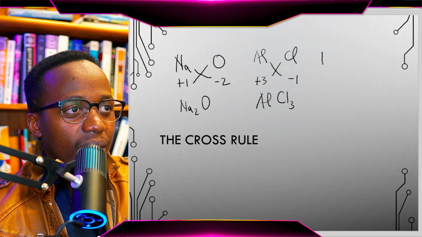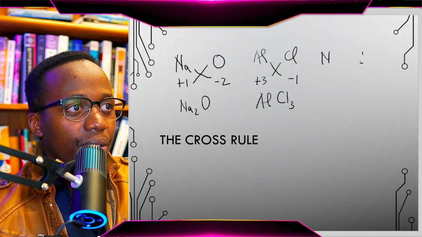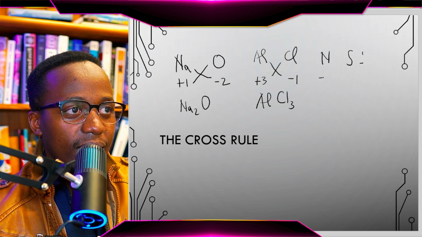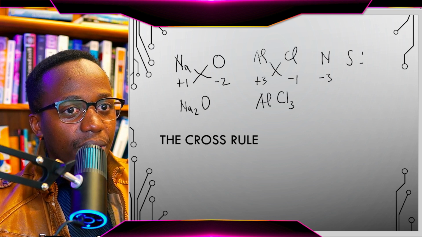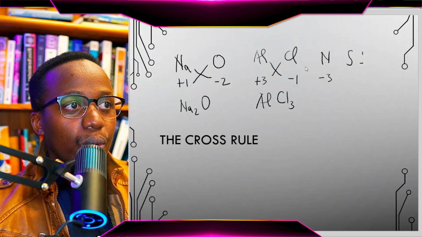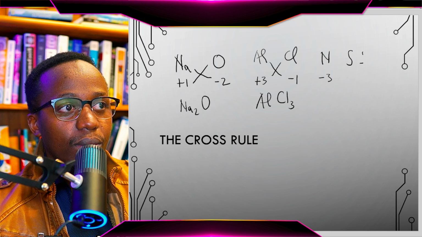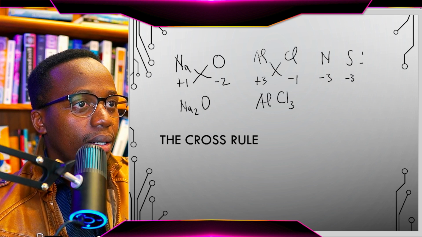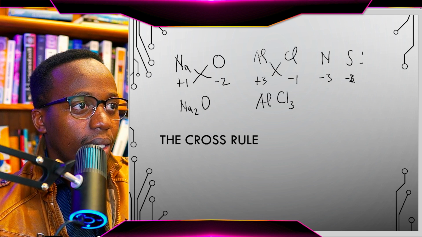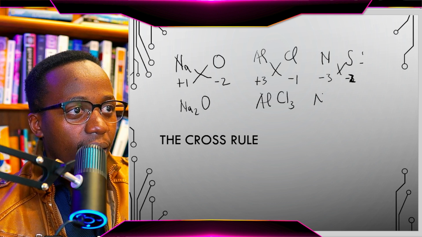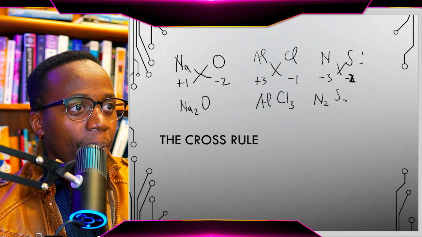What if I give you nitrogen and sulfur, for example? No problem. Nitrogen has -3. What about sulfur? Sulfur has -2. So you go back to your cross. You put -2 here. -2, not -3. And then you do the cross. And it's going to be N2S3.